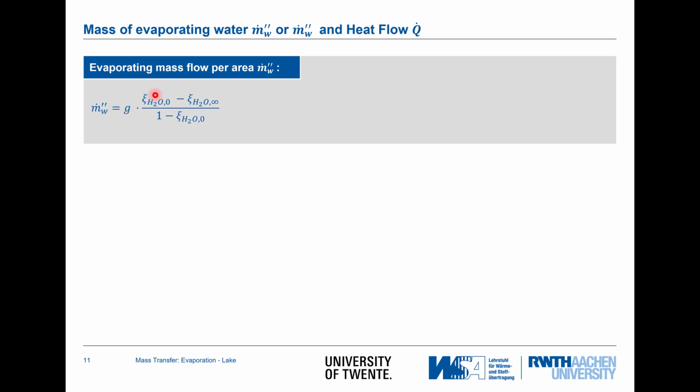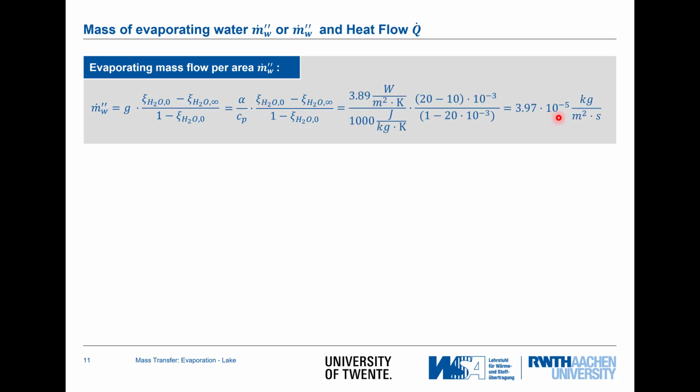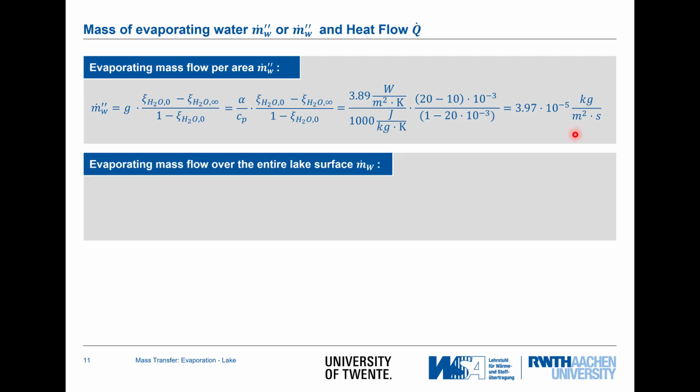So that's G times the driving potential, and what we divide by here is for the Stefan flow, and if you put that in, replacing G by alpha divided by Cp, we get to these values, and finally it's roughly 4 times 10 to the minus 5 kilograms per meter squared and second. So a few milligrams per meter squared and second.